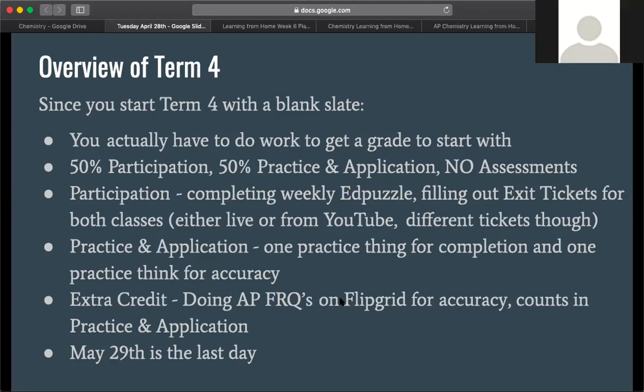I'm sorry, Miss Baskin, is that how they were talking about it in the email? Like, if you had a bad grade before quarantine, everything we did during quarantine was just extra credit, but I never understood all that. So basically, did it count? The stuff in term 3 could only bring up your grade. Okay.